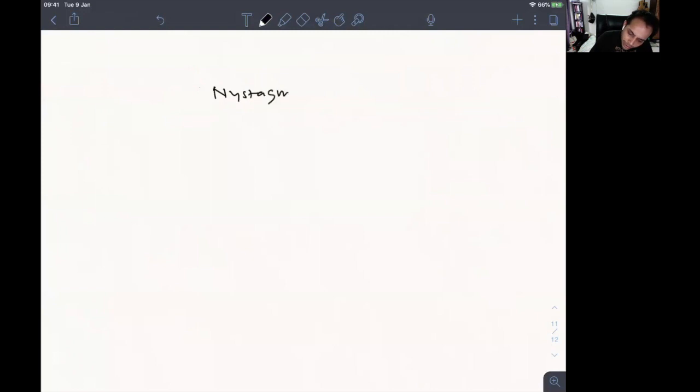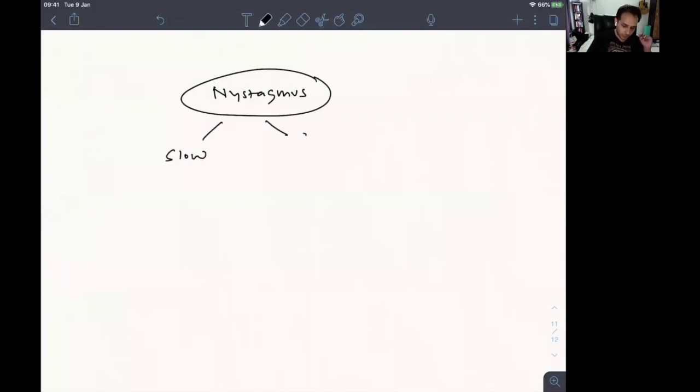I don't want to go too deep into nystagmus because it is a very deep topic, but in the vestibular system, remember that the nystagmus has a slow component and a fast component. The slow component is because of the vestibule itself. So whichever vestibule stops working, the other vestibule will push, and that pushing will be a slow component.